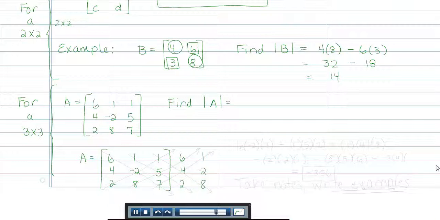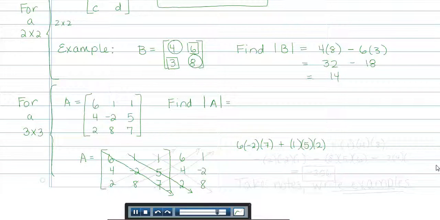So I rewrote the first two rows, and then starting from this 6, I'm going to go down like this. See? Straight line. That means that I need to do 6 times negative 2 times 7, plus, and I'm going to go down this second diagonal, 1 times 5 times 2.